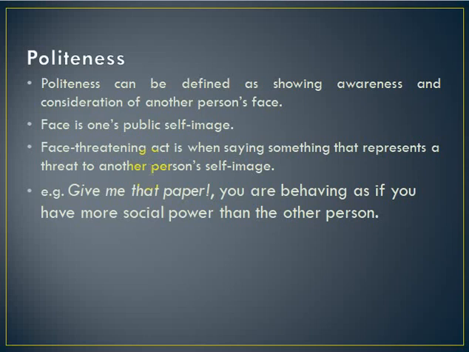Now, if, for example, somebody orders someone else, this order will naturally make a face-threatening act. Why? Because that person, the listener, wouldn't accept to be ordered or to be given an order. So this is going to be a face-threatening act. So what to do here to make it less threatening? We go the indirect way. We use the indirect speech act.